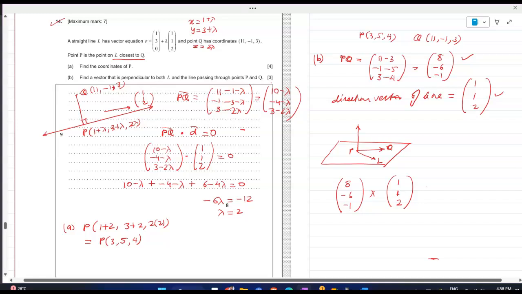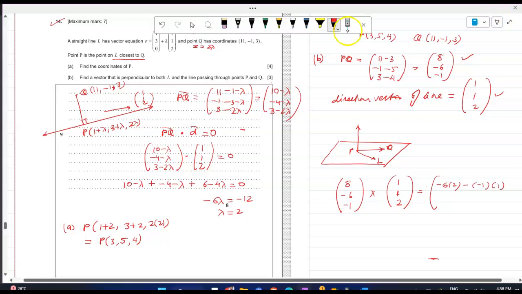If you're doing it by hand, you have to do minus 6 into 2, this into this, minus 1 into 1. So you have to do this minus this, and then it's opposite. So that gives minus 11, and the middle one you have to do overall minus.